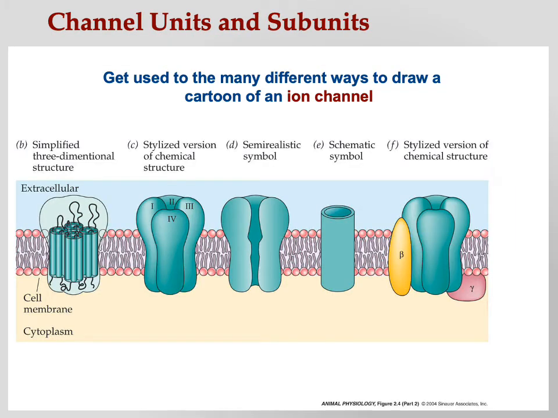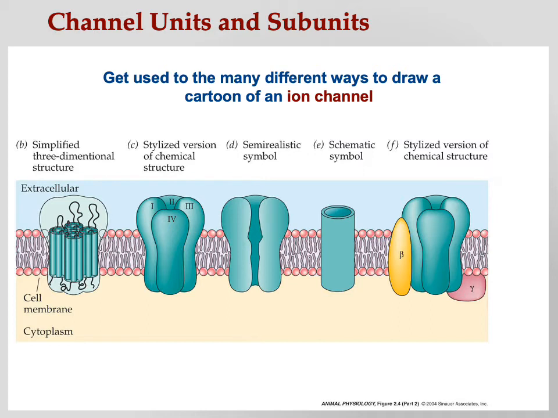So let's look at some illustrations. You can see on the far left side sort of a detailed illustration. Remember, these are proteins. Ion channels are big giant proteins. They're integral proteins that are embedded in the cell membrane. Proteins made of strings of amino acids, so that's what they're trying to show here.